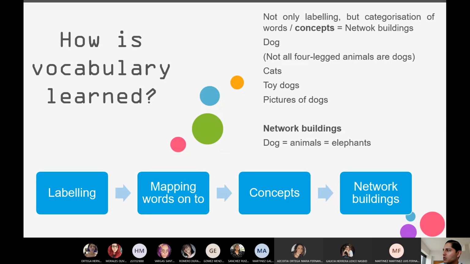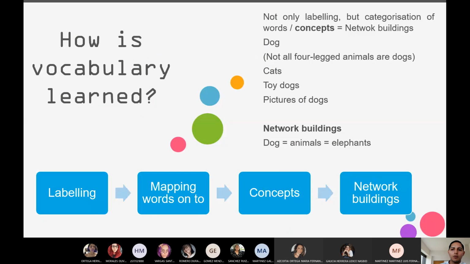I think those concepts need to be taken into account when planning and implementing your lessons. You need to be aware of that, and I would like that to be represented in your classes, in your plannings.